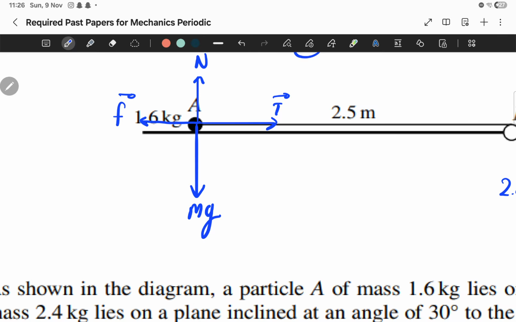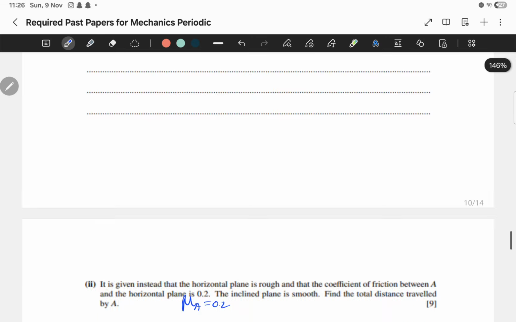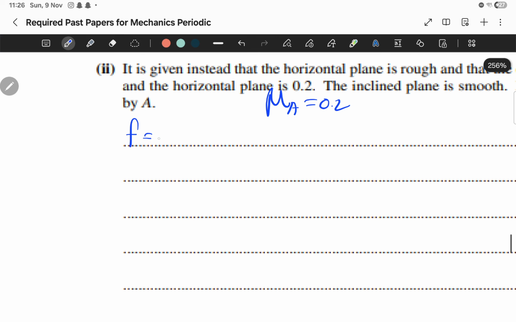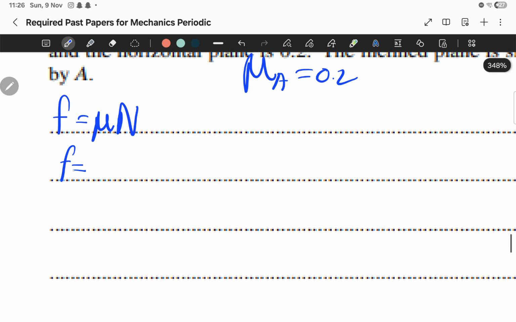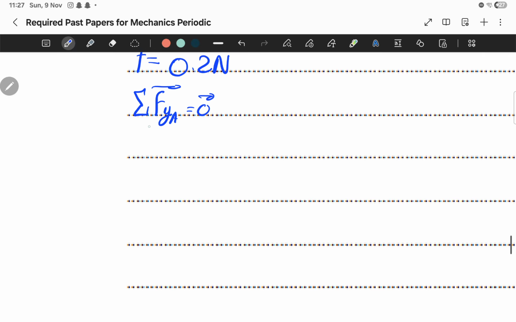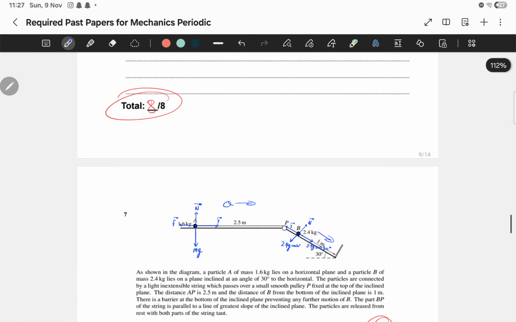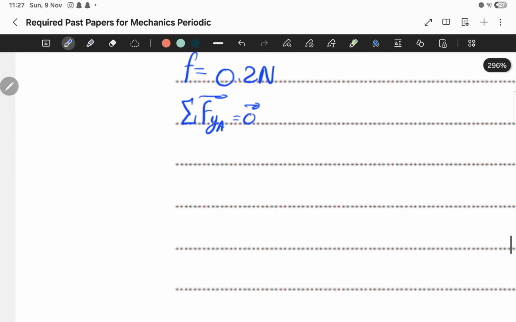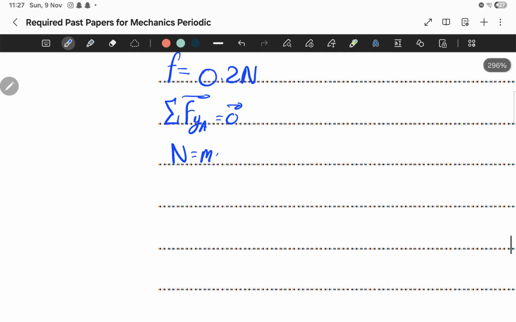Okay, now, to find friction, we're going to say F is equal to mu N. Right? Now, F is equal to 0.2 N. Now, how do we find N? To find N, sigma Fy on A is equal to 0. Right? So it's just N equals mg, literally. N equals mg, which equals, what was it? 2.4 times 10?